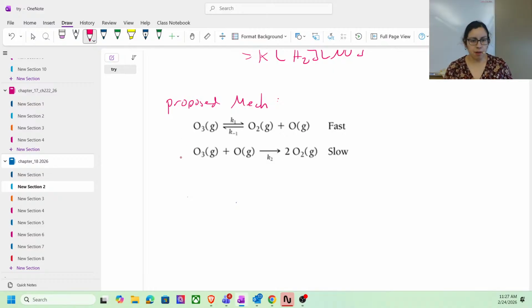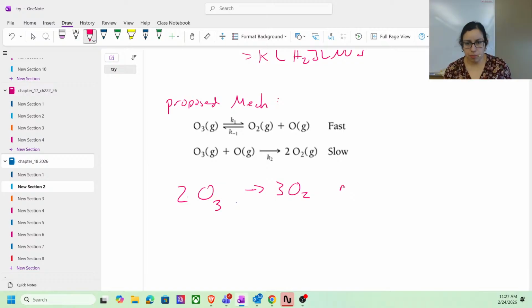So we have our reaction: 2 equivalents of ozone, that's O3. Sorry, let me rewrite that 3. This gives us 3 equivalents of O2.